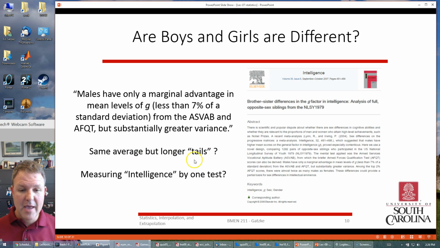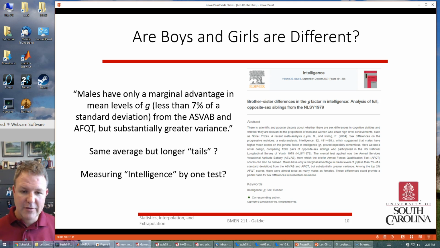In this example data, the males had longer tails on that distribution, which means that the boys and girls were basically on average the same intellectual ability, but there were more male students on the very high end and more male students on the very low end.